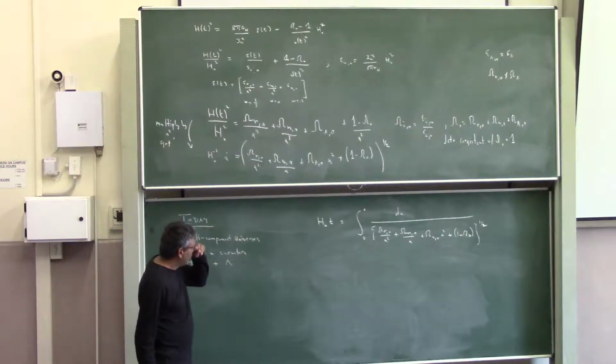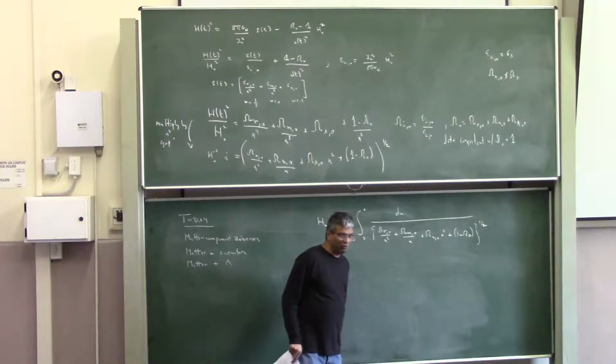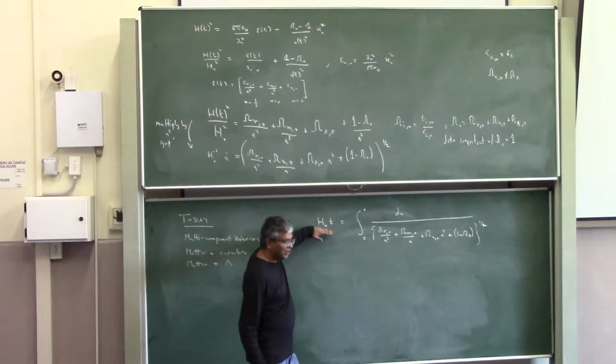So, we can figure out what omega r0, omega m0, omega lambda0 are from measurement. We can plug into this expression and then just integrate in order to get the behavior of the time.